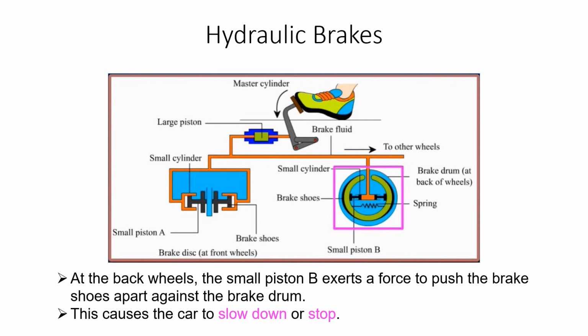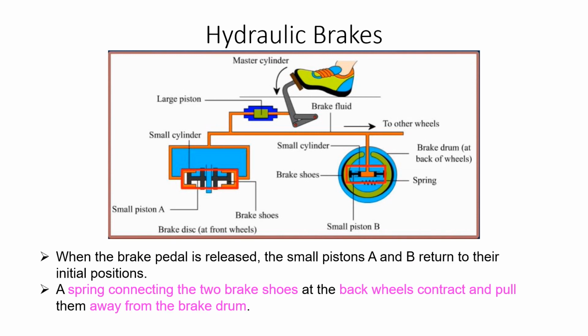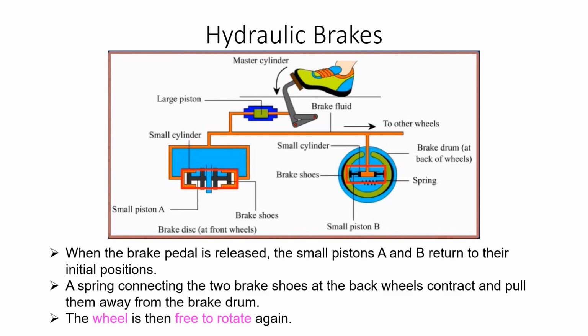This causes the car to slow down or stop. When the brake pedal is released, the small pistons A and B return to their initial positions. A spring connecting the two brake shoes at the back wheels contracts and pulls them away from the brake drum. The wheel is then free to rotate again.